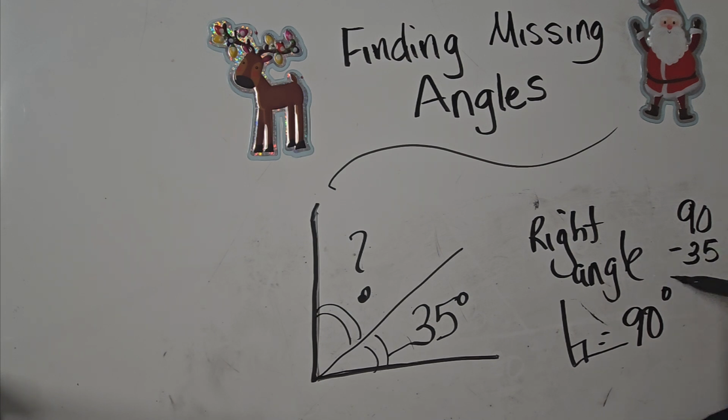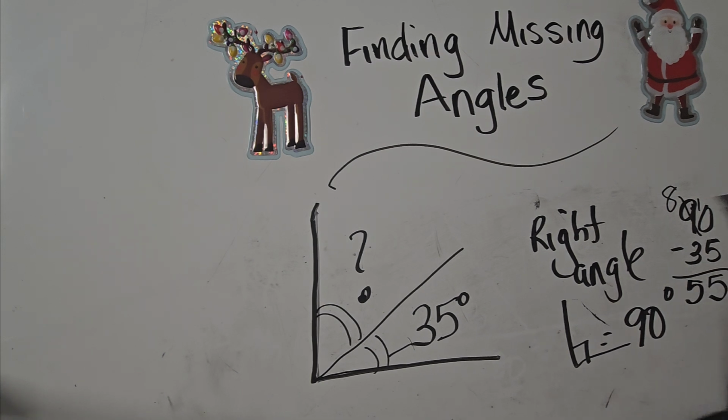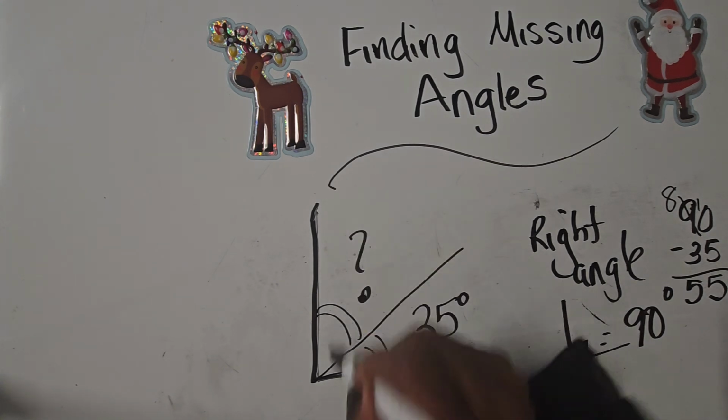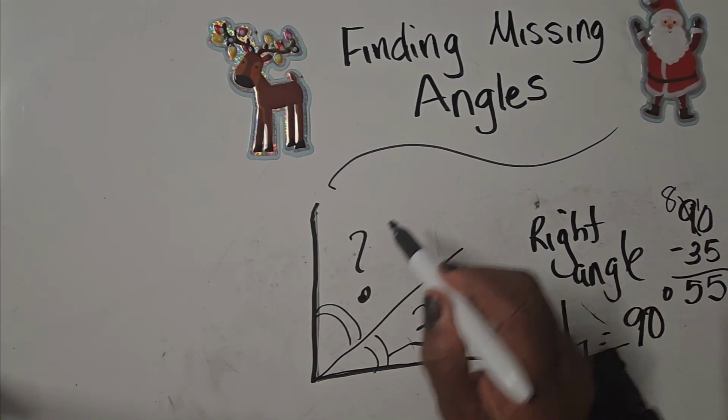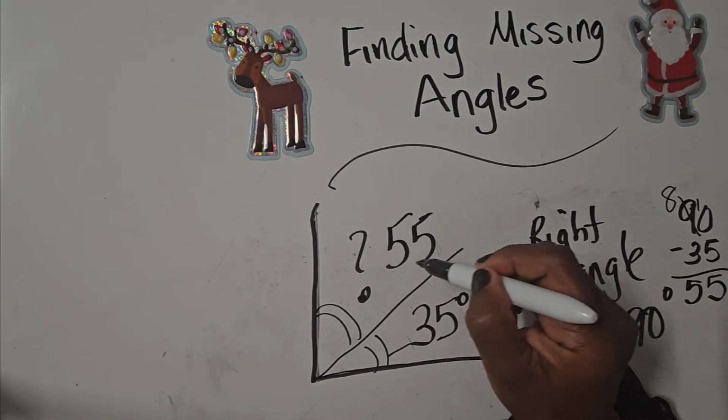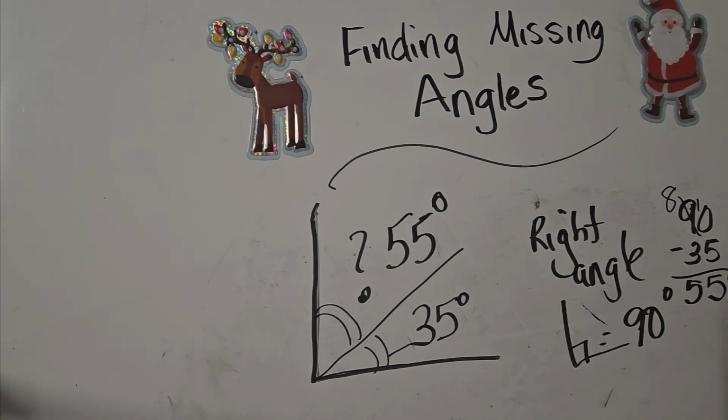35. Okay. I'm going to borrow from the 9, make it a 10. 10 take away 5 is 5. 8 take away 3 is also 5. Ooh. So this fatter angle in the right angle is 55 degrees.